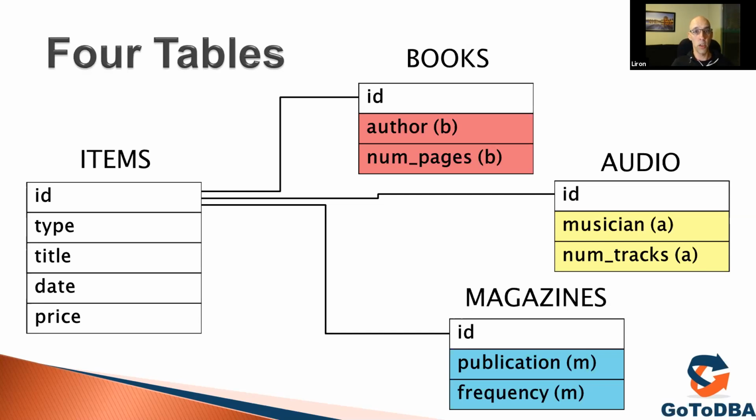One is books, which is an item, but has extra columns, author and number of pages. Magazine has extra publication and frequency, and so on. So I have a foreign key from the ID in the product table into the item table. Okay, so this is the 4-table solution, right?